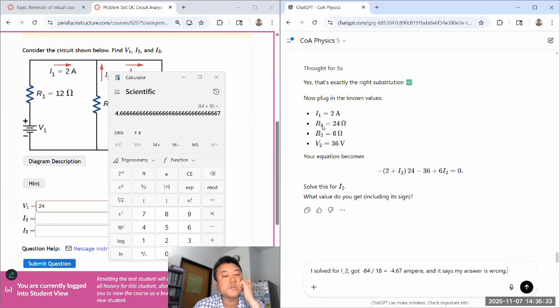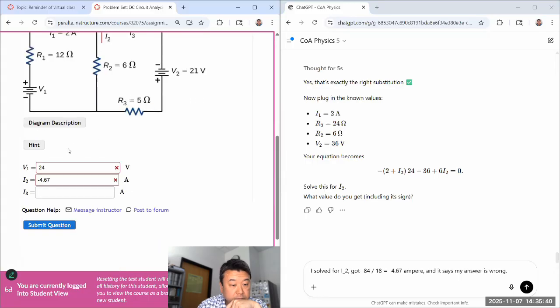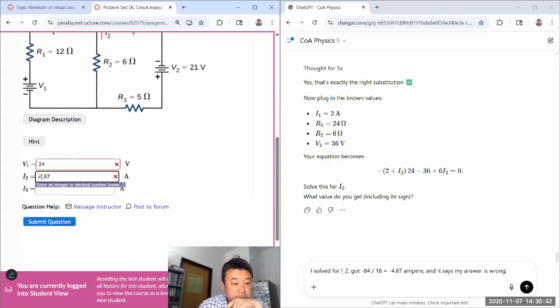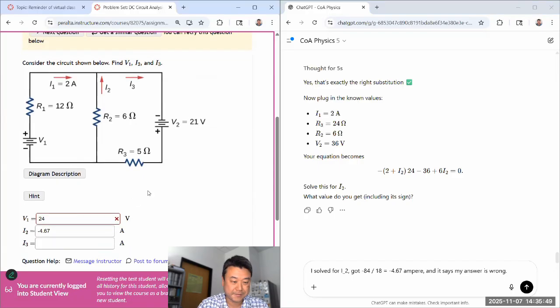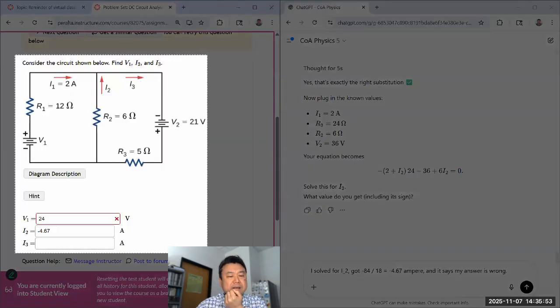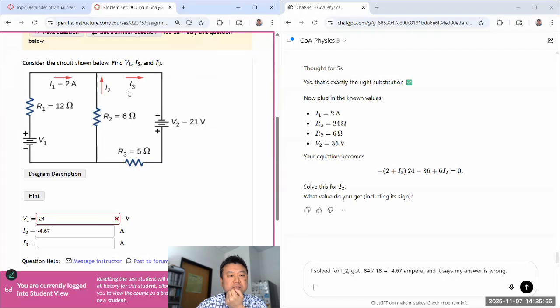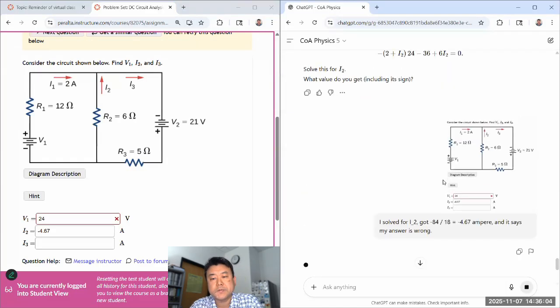And I think for I2 it'll just simply be wrong. I wonder if a positive version will be right. It might be no. Anyways, wrong because if the direction of I3 is reversed, that would affect other things. So with this, let's see how it copes.